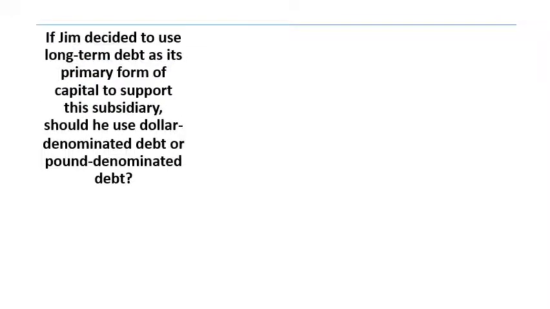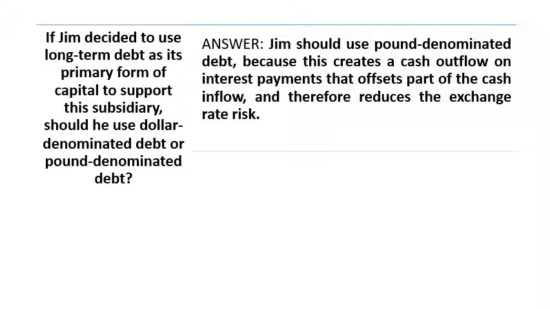The second question is, if Jim decided to use long-term debt as its primary form of capital to support this subsidiary, should he use dollar-denominated debt or pound-denominated debt? The answer is that Jim should use pound-denominated debt because this creates a cash outflow on interest payments that offsets part of the cash inflow and therefore reduces the exchange rate risk.